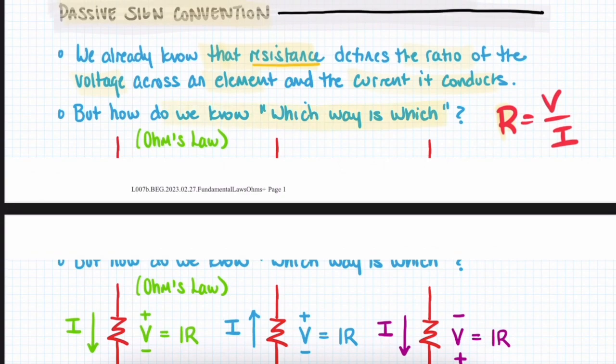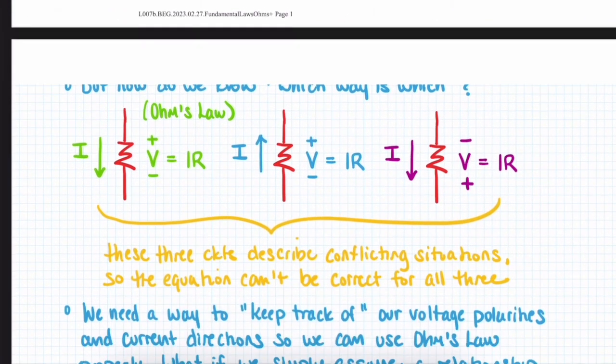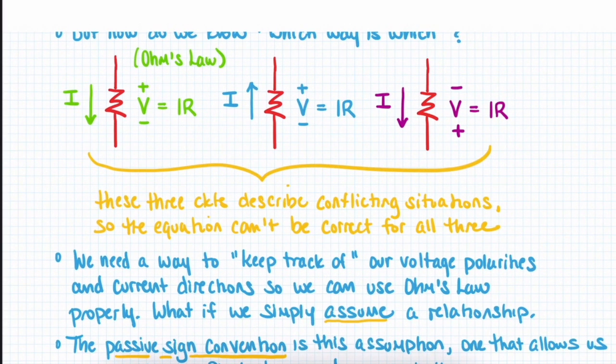So how do we know which way is which? Let's take a look here at 3 different cases. We have the first case where the current shown in green is flowing downward and the voltage is plus minus, top being plus, bottom being minus. We have the blue where the current is flowing up and the voltage polarity is top plus, bottom minus.